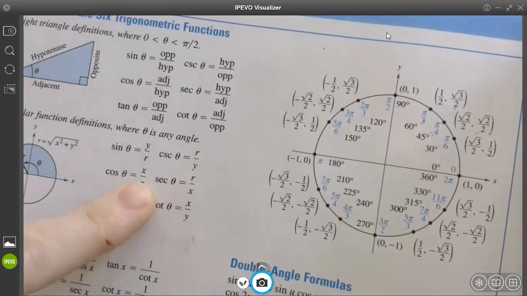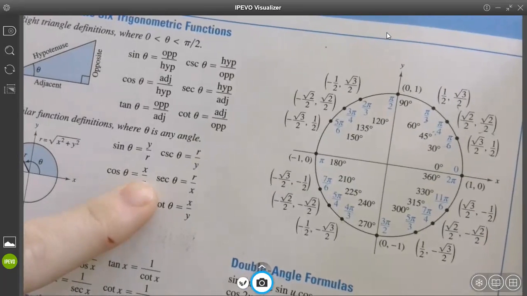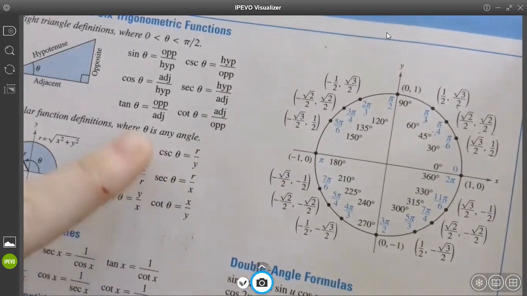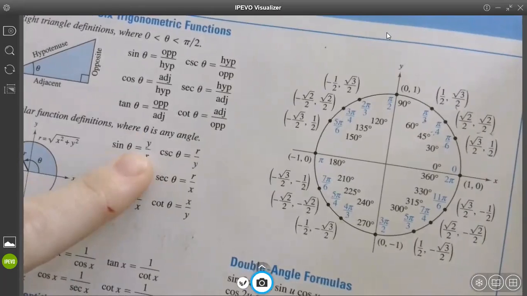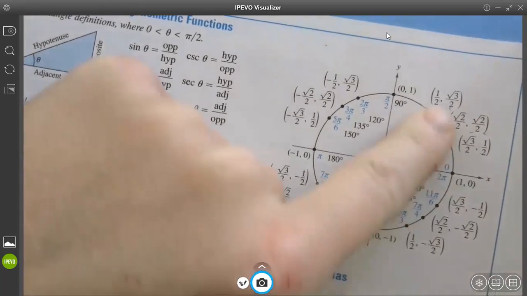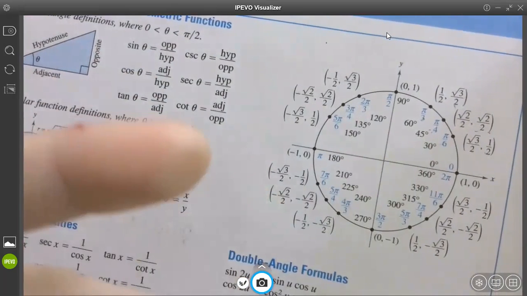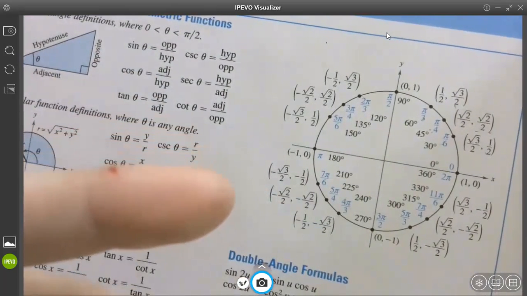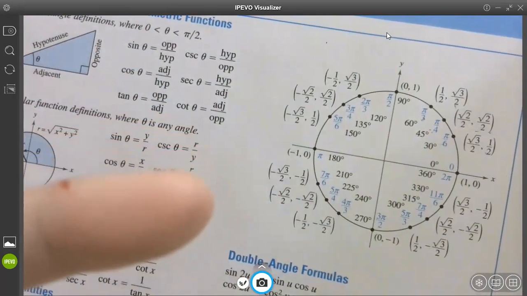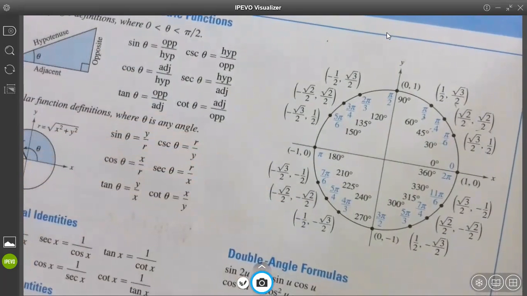If you look, cosine is the x. Sine is y. Is everybody good? All right. And we're only looking at pi over 4 and 5 pi over 4. So what do you notice about both of those? The 5 pi over 4 is going to be negative square root of 2 over 2, but everything is square root of 2 over 2, right?